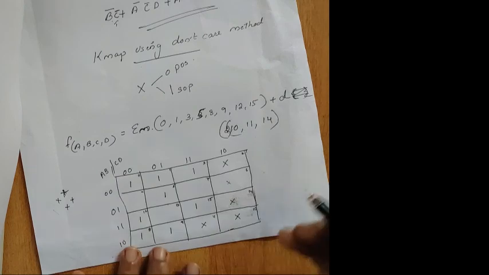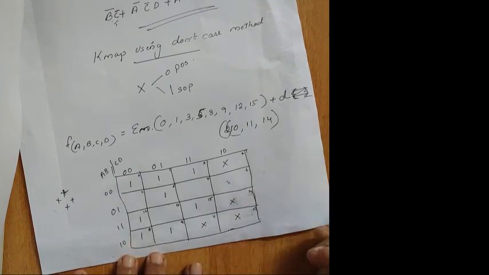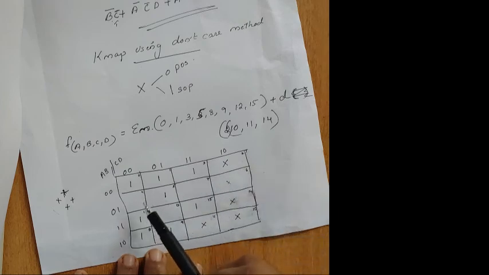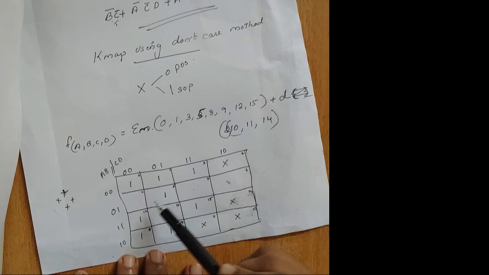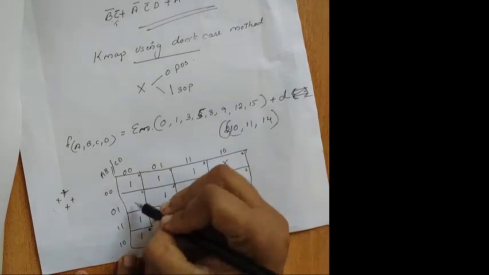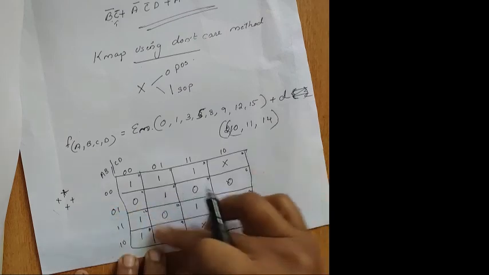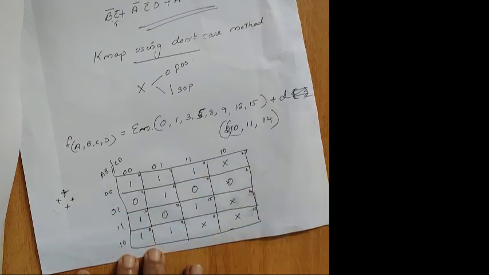Okay, so now you can go for grouping. First you search whether you have a 16-bit grouping, where all the terms should be covered. Now you have vacant spaces over here. If zeros are coming in between, you can't go for a 16-bit grouping. Second, you can go for an 8-bit grouping.